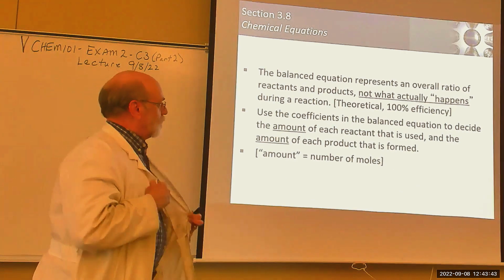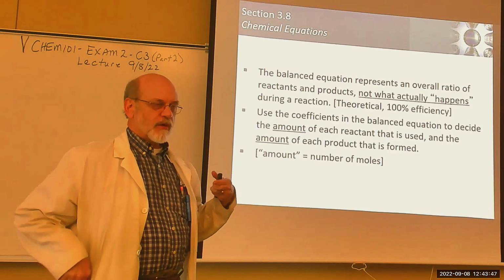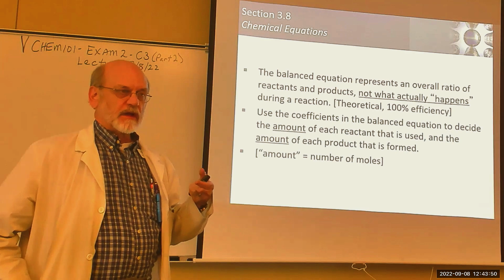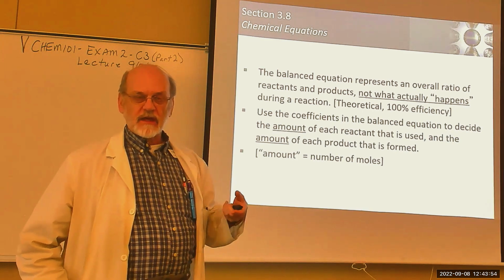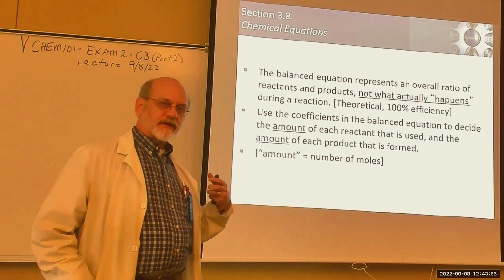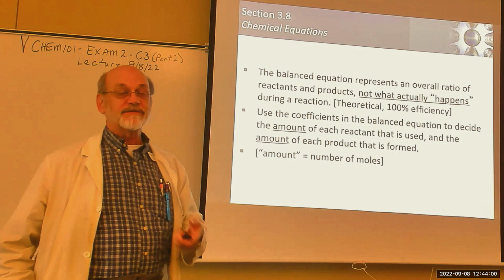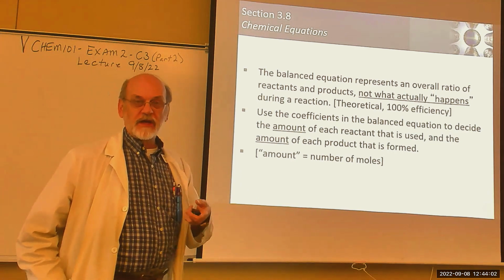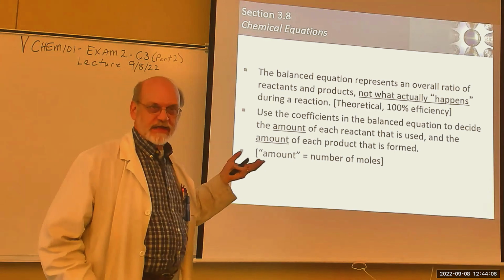One thing, I guess you'd call it a caveat: when we write the balanced equation, we're assuming, for argument's sake, that everything on the left ends up on the right. The conversion is 100%. We're going to find out later that that's not true, but we've got to start somewhere, and we're going to start with the easiest approach.